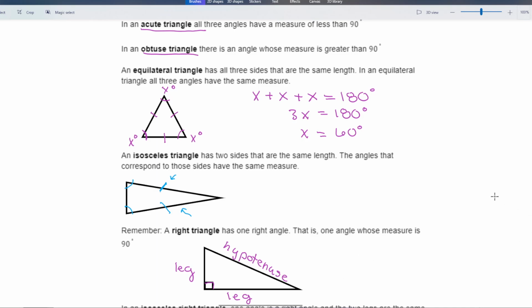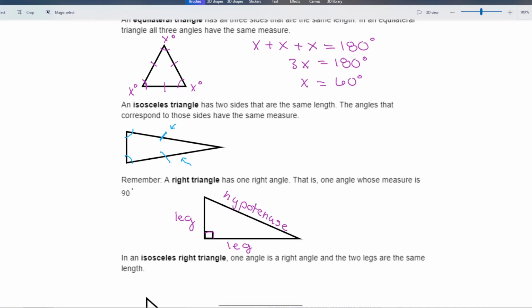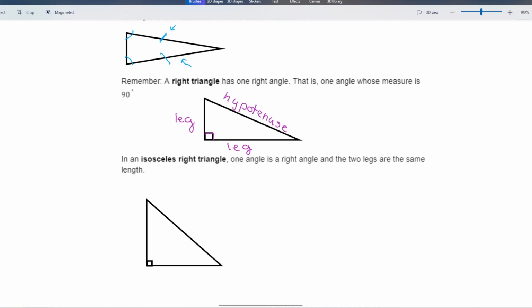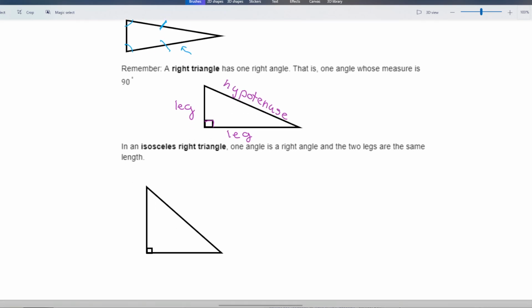Now there is a special type of right triangle. This is the kind pictured right here. This is an isosceles right triangle. We do have that right angle in the corner here with our hypotenuse, and then we have our two legs.